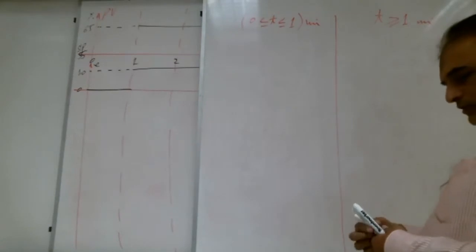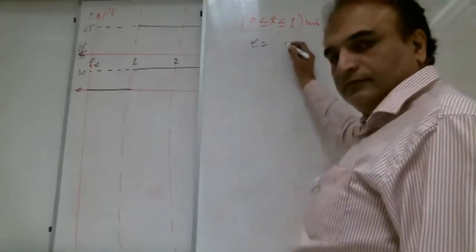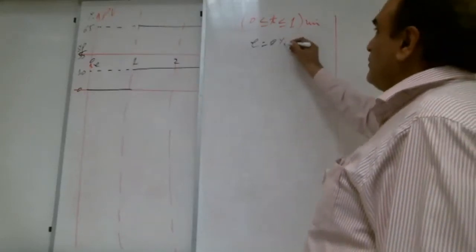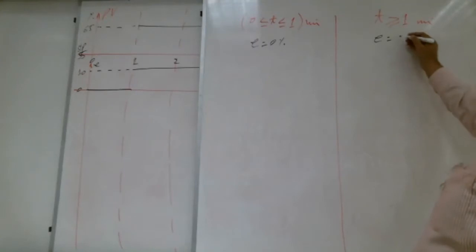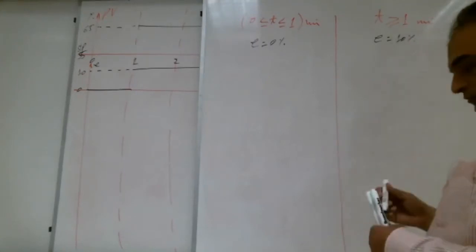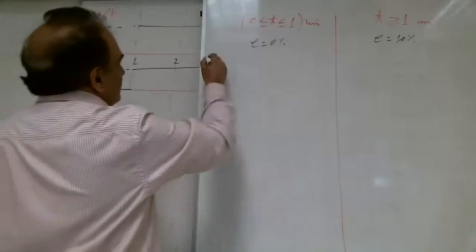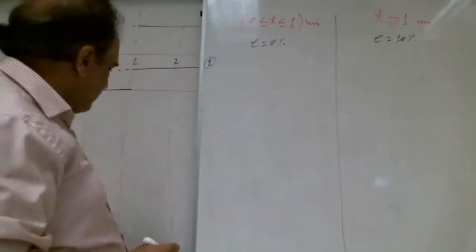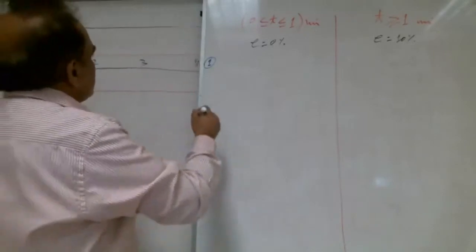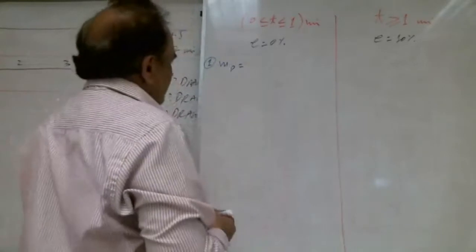Okay, Shabab. What is the error here? 0. 0%. That's good. What is the error here? 10. Very good. 10%. Shabab, what is the first step always? MP. Very good. MP is equal to what, Shabab?